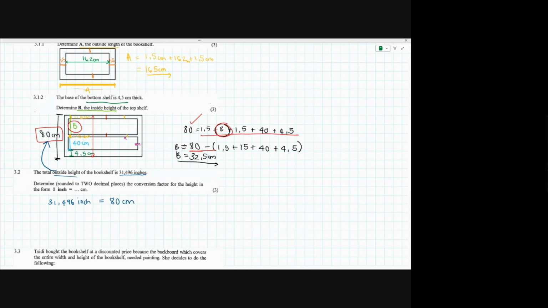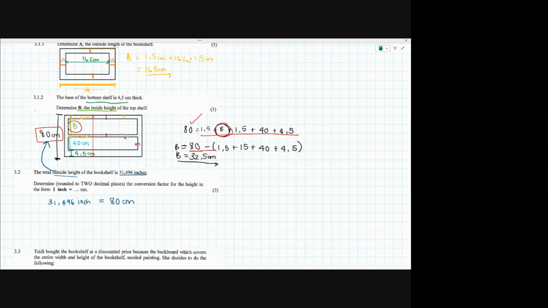Because we know the outside height of your bookshelf is 80 centimeters, and because we've been told that in inches, it's 31,496 inches, we know that they're the same thing. They represent the total outside height of my bookshelf. So we can make them equal to each other.